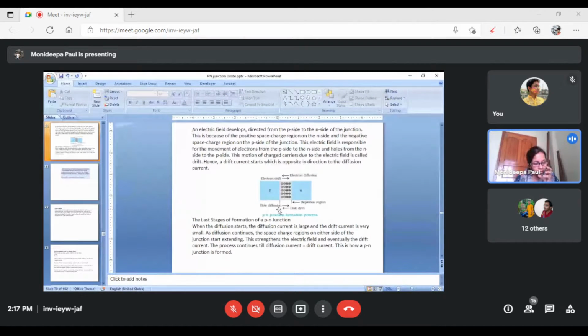This potential difference forces the negatively charged ions towards the n side and positively charged ions towards the p side. Therefore, there is a movement of ions. Due to this movement, another current is flowing inside the junction, drift current, and this is just opposite to diffusion current.